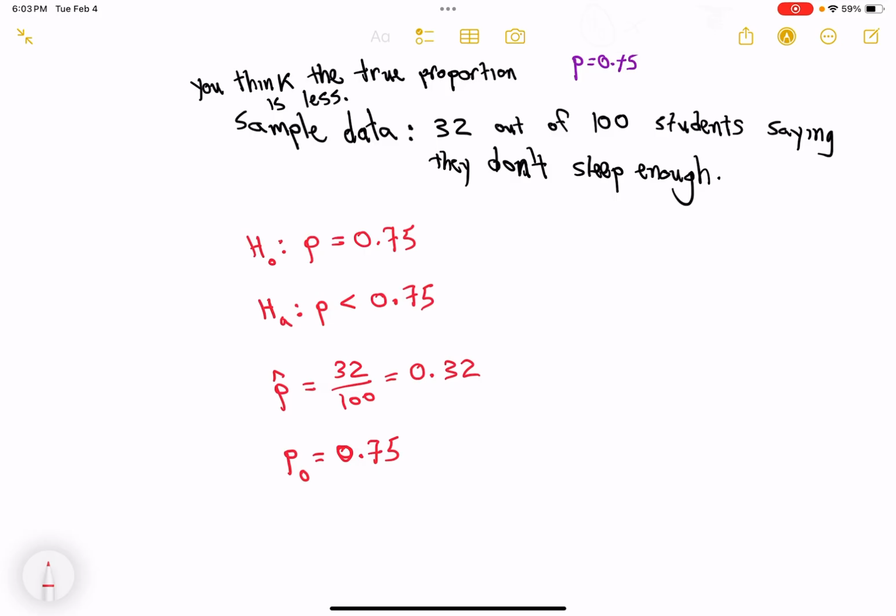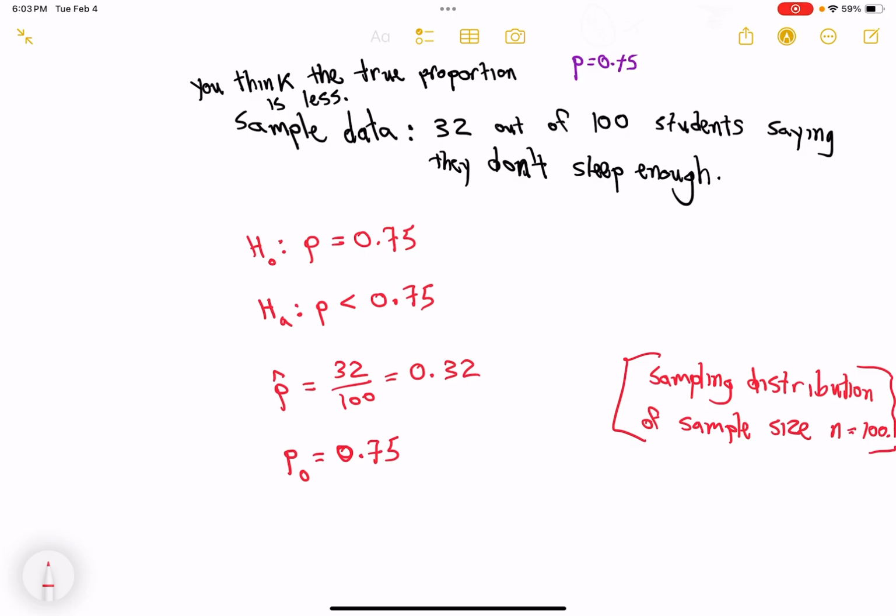And effectively what we're doing is we're going to imagine a sampling distribution, all of sample size, in this case, 100. And that will vary depending, obviously, on the problem.